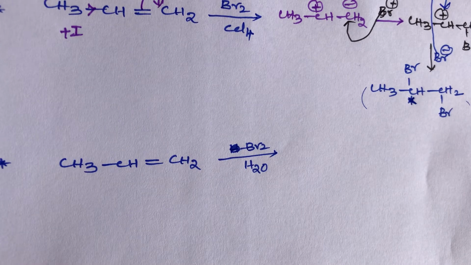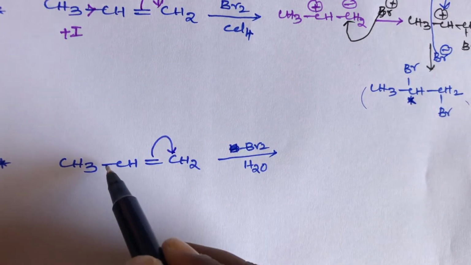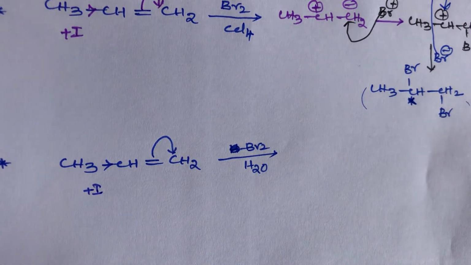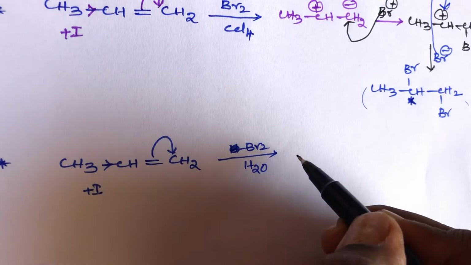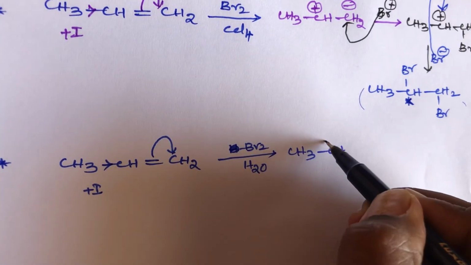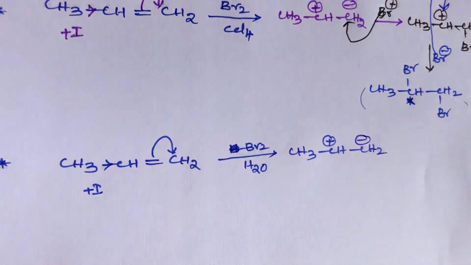What is the product here? Generally we know this bond shifts towards the right hand side. Why? Because this is also a plus I group, an electron releasing group. So in the first step, bond breaking, in CH3 CH, this carbon gets a positive charge and this carbon gets a negative charge.